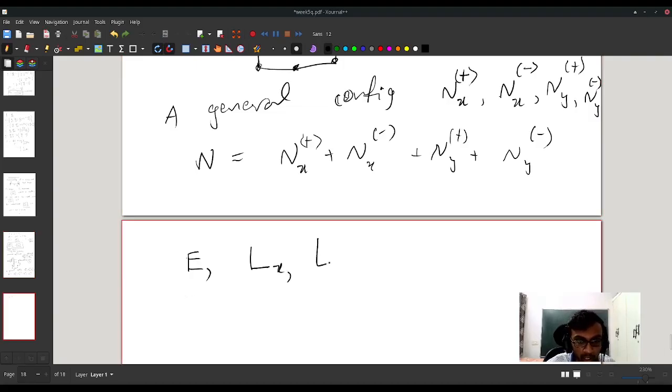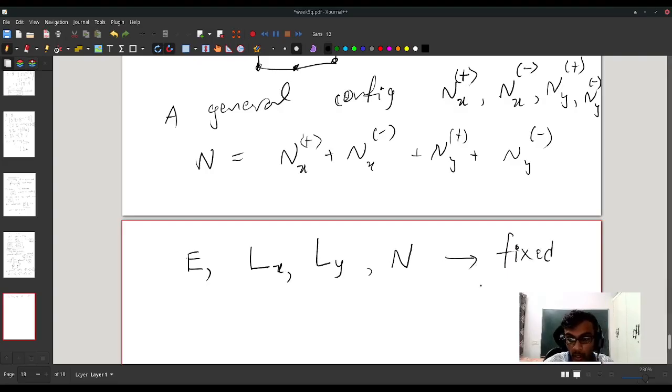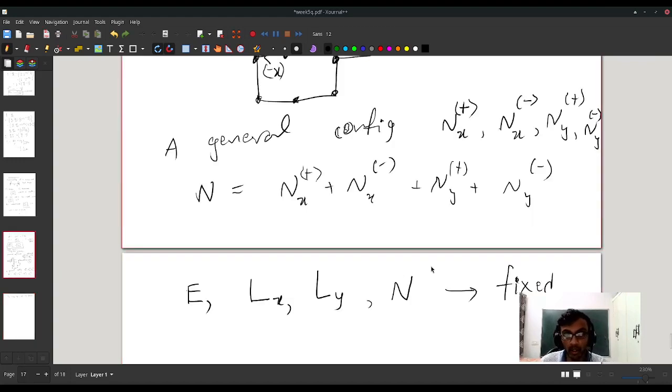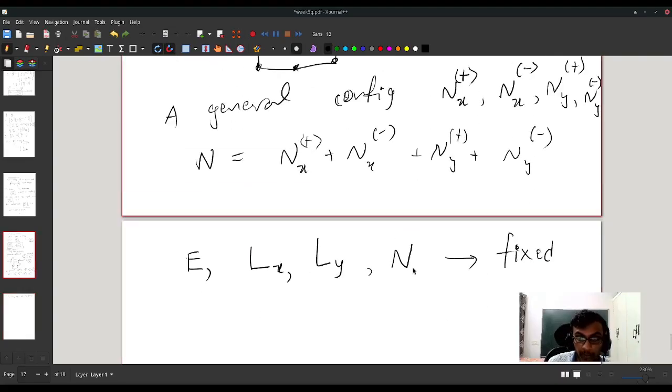So these are fixed in this formalism, and n of course is fixed. These are fixed in the microcanonical ensemble. And we can express these variables of the microcanonical ensemble in terms of the microscopic details like nx plus, nx minus, and these four numbers.